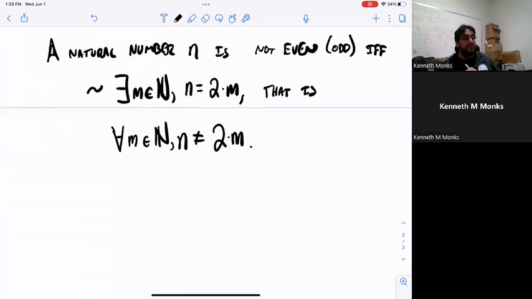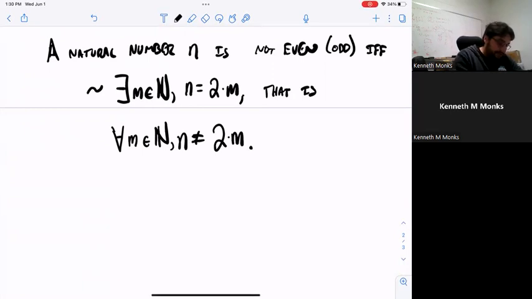It will never be equal to n. That must be what it means to be odd, or at least one characterization of what it could mean to be odd. So here we have another way to say this.